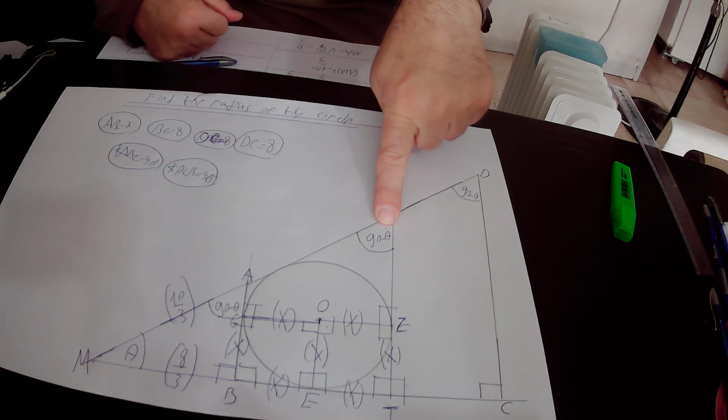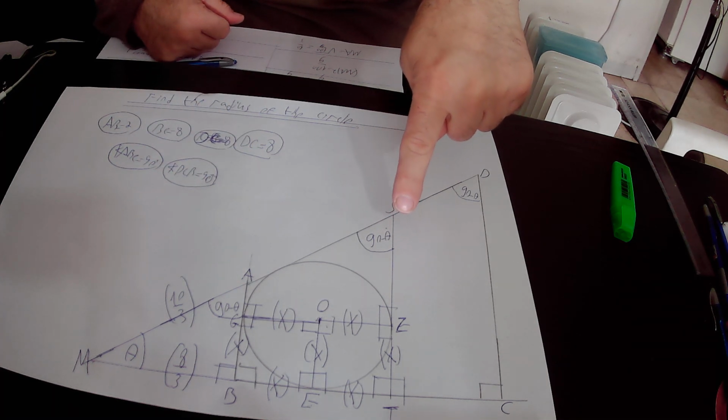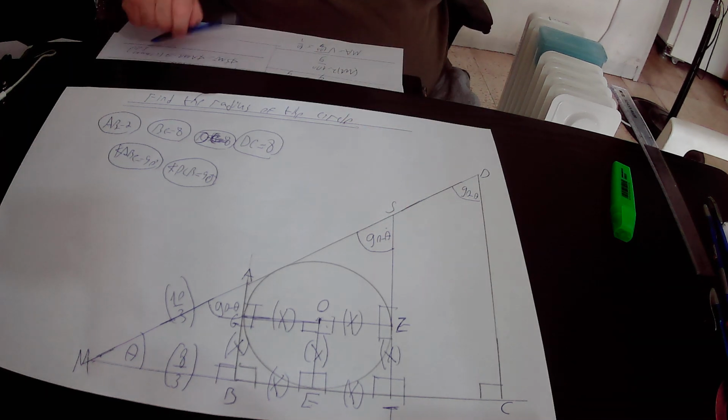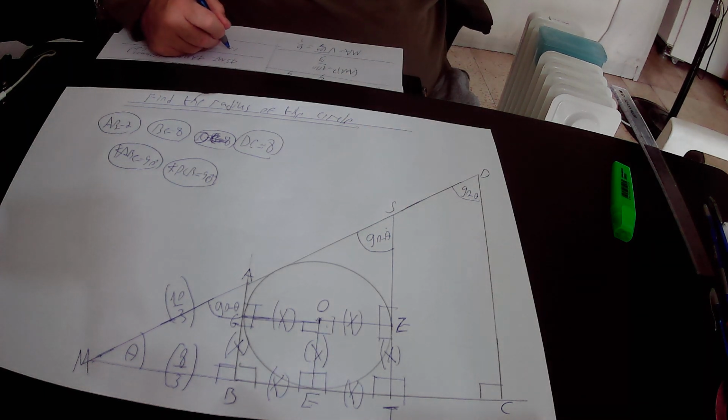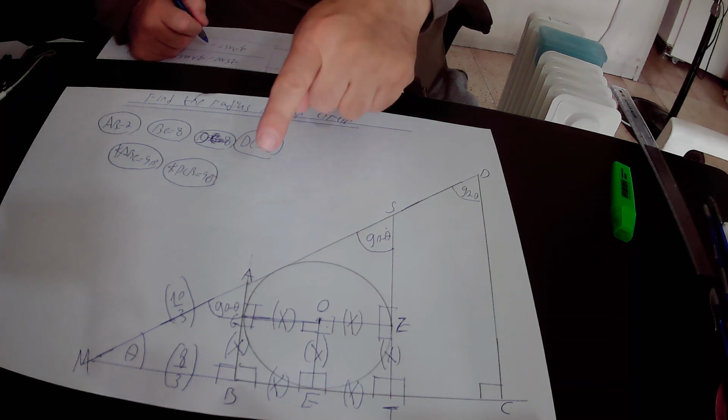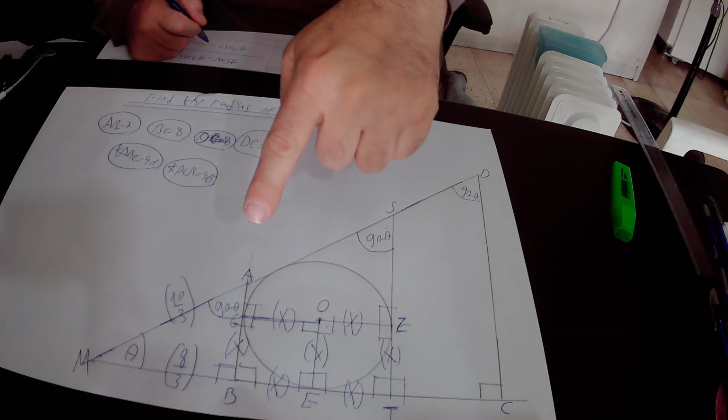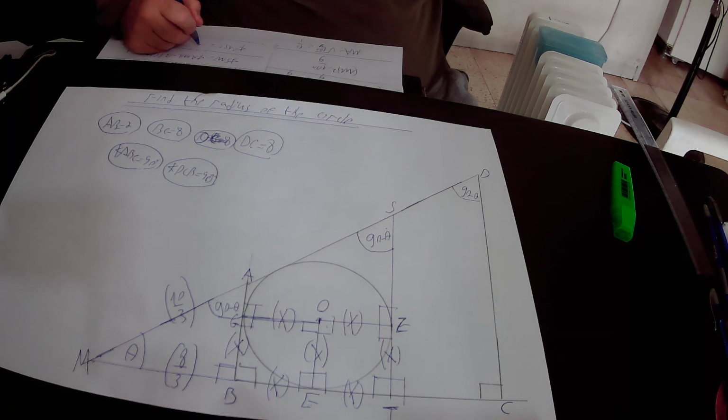So actually this is angle MST in the big right triangle, and it is equal to this angle, this is actually angle MAB in the small right triangle MBA.